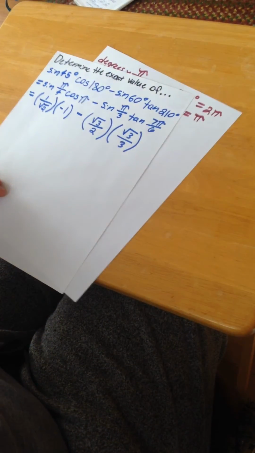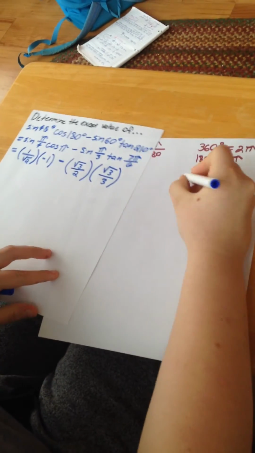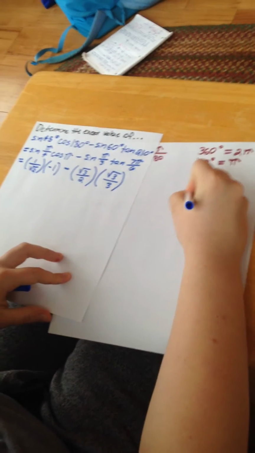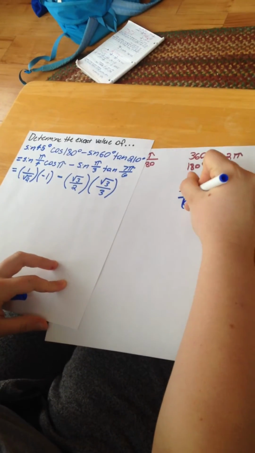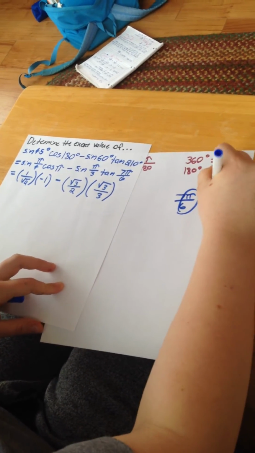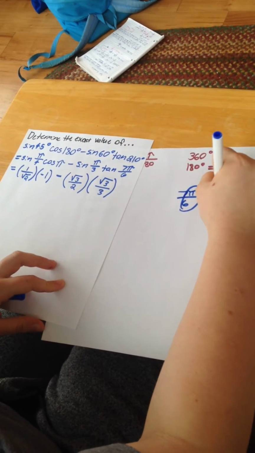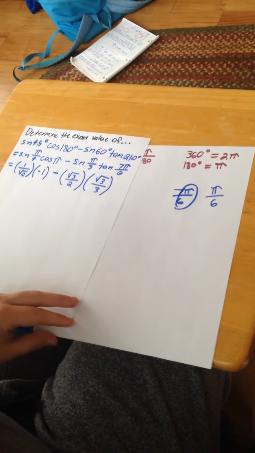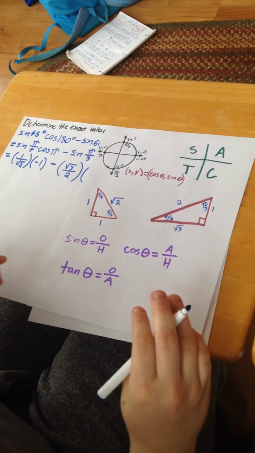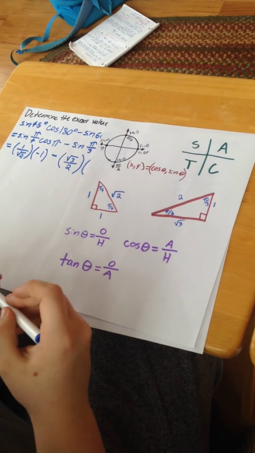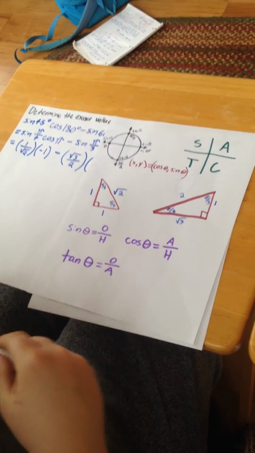And then for tan 7 pi over 6, what we do is just show some side work here. So when we have the 7 pi over 6, right now we're just looking at pi over 6. So we'd look at our triangles, because pi over 6 is in the triangles.